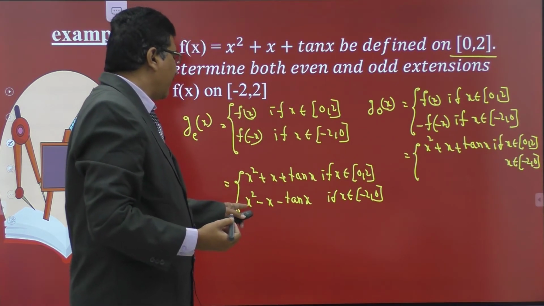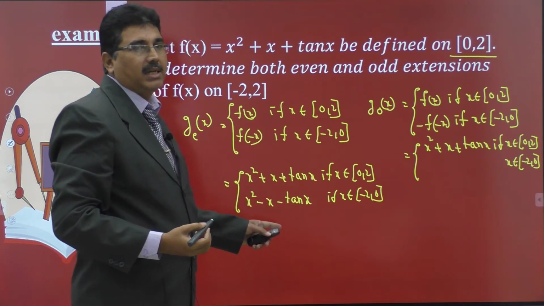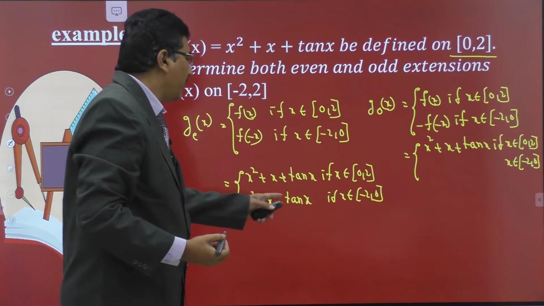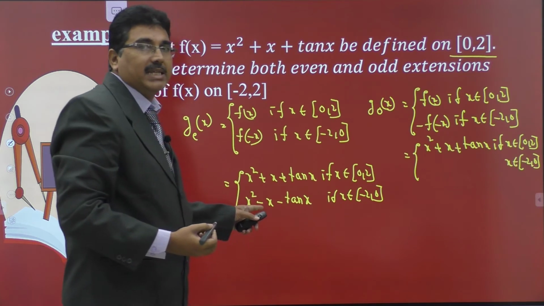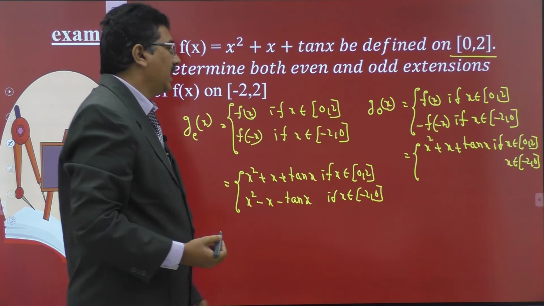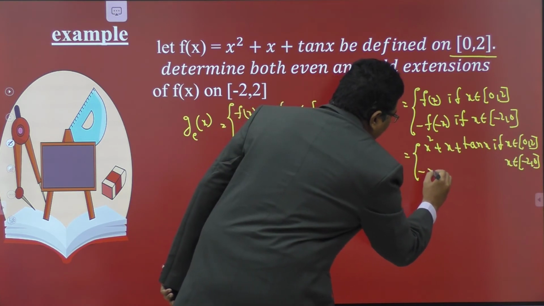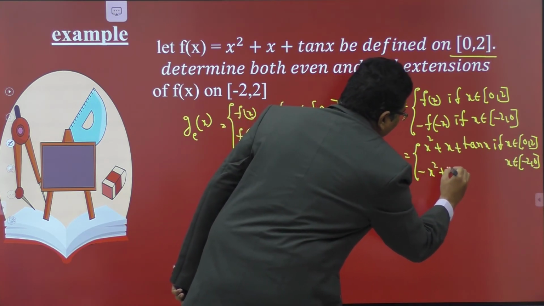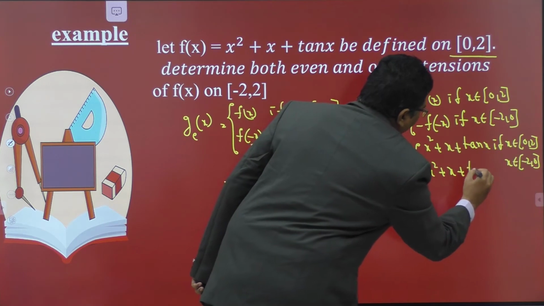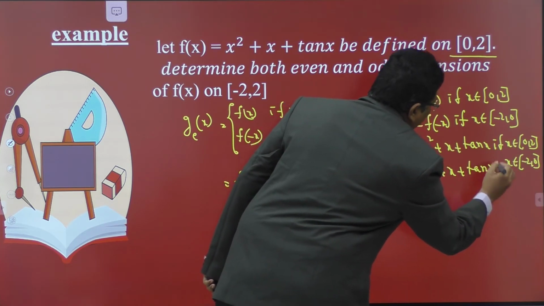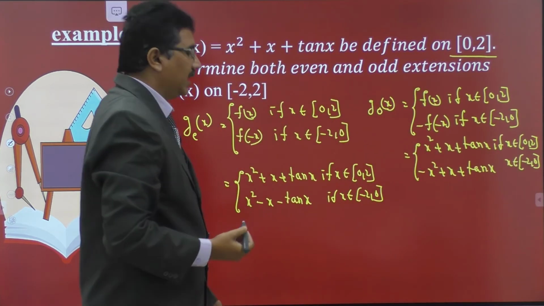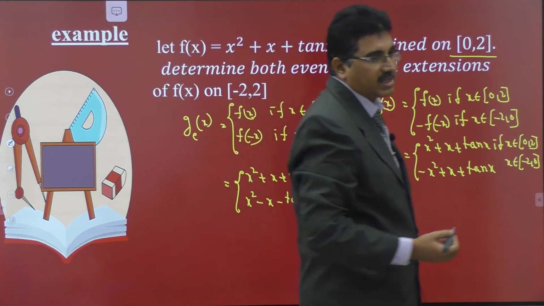Here this is f of minus x, minus f of minus x. Multiply this with a minus sign, we get minus x square plus x plus tan x. Right, this is an odd extension of the given function.